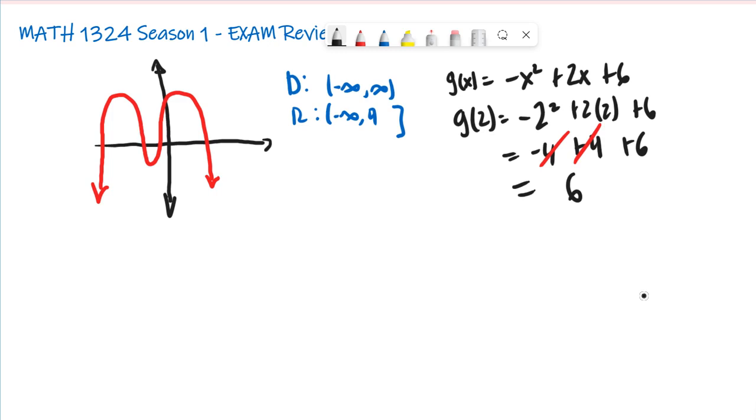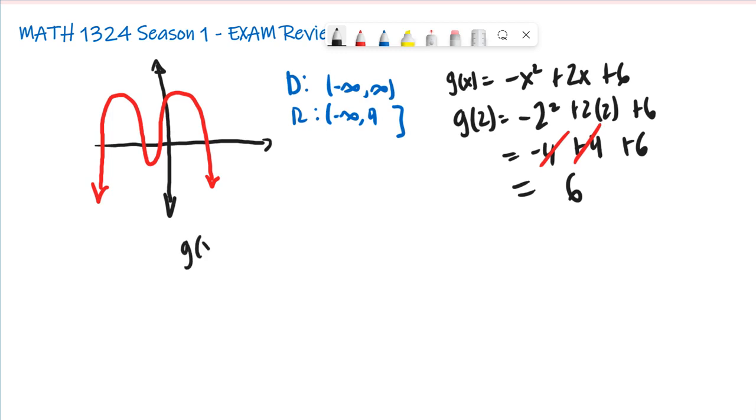But what if I wanted to know what the graph looked like, or what the x-intercepts, y-intercepts, and so on are? Then I would have to complete the square.